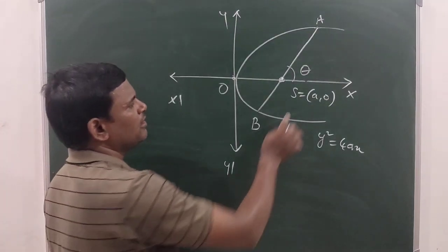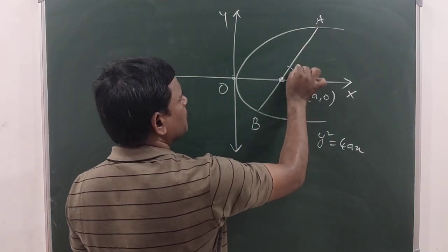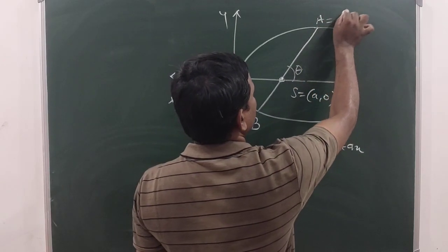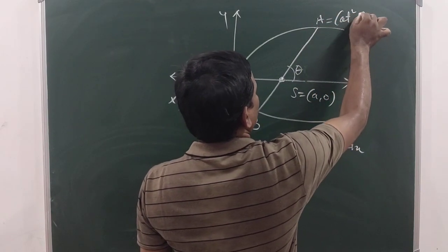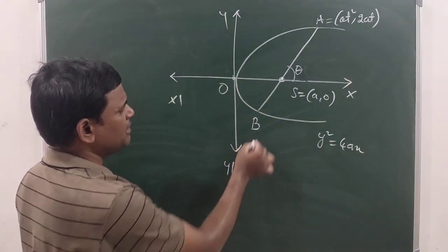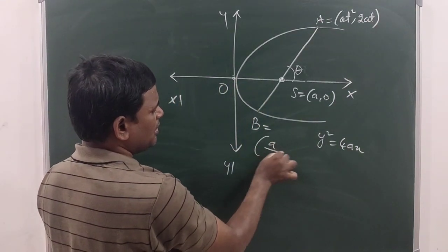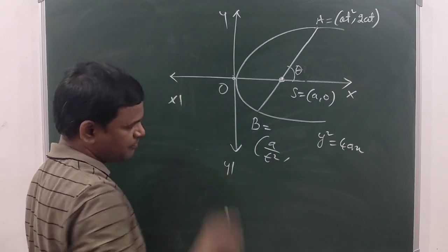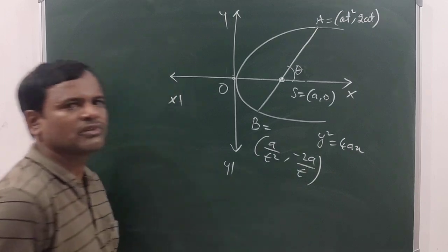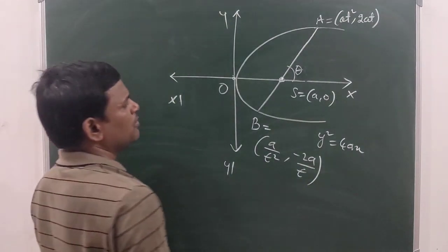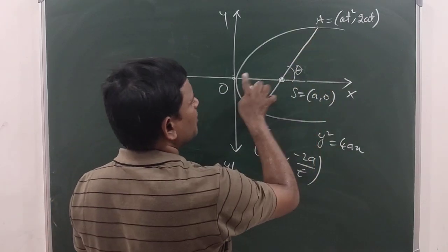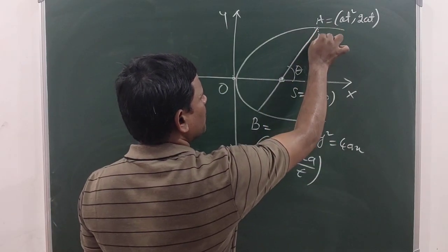For this, observe what I am going to do. Let us consider A coordinates as at square comma 2at, and B coordinates a by t square comma minus 2a by t. So students, drop a perpendicular from A to this axis of the parabola.